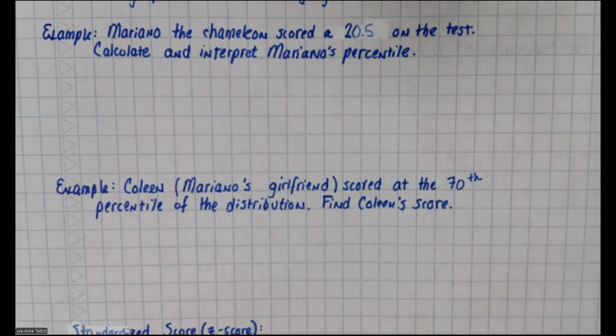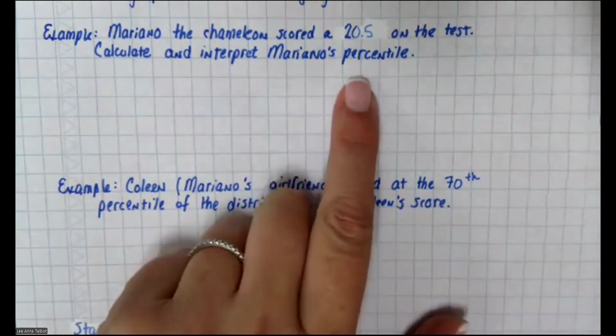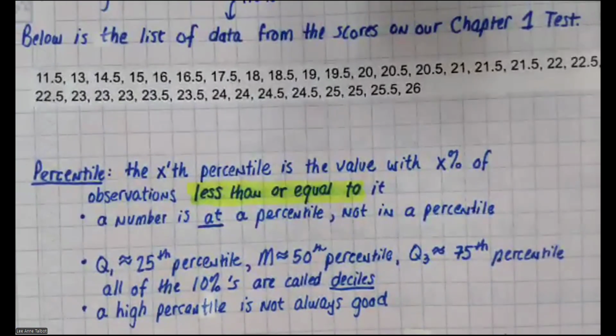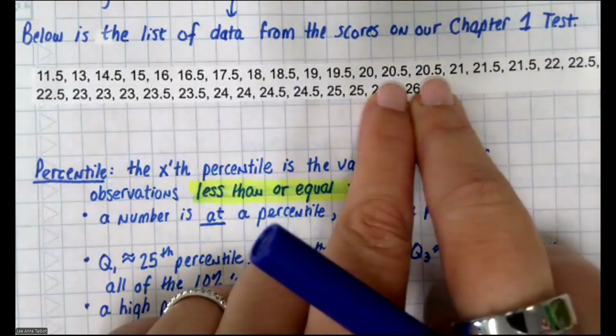Okay, Mariano the chameleon scored a 20.5 on the test. Calculate and interpret Mariano's percentile. This is really simple, but we have to be careful with the definition. We come back up to our data set, and Mariano is one of these two.